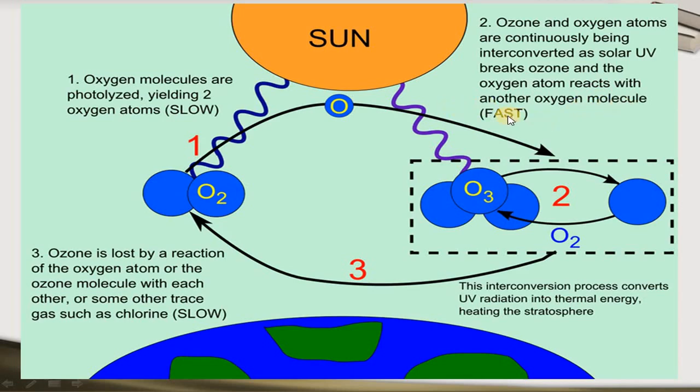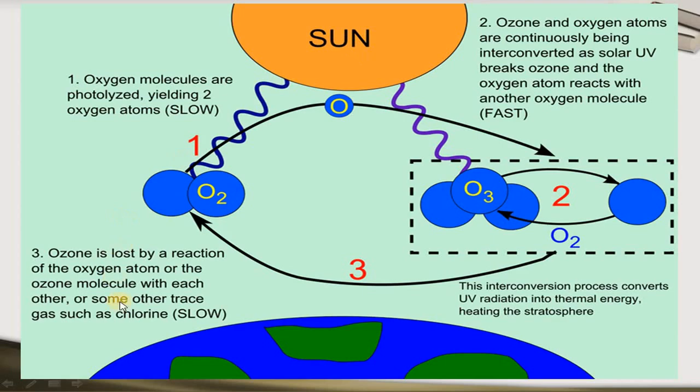This reaction is a fast reaction, and this interconversion converts the UV light into thermal energy, which is responsible for heating the stratosphere. We are quite familiar with the fact that ozone acts as a protective layer, meaning it protects the earth from the harmful radiations coming from the sun.